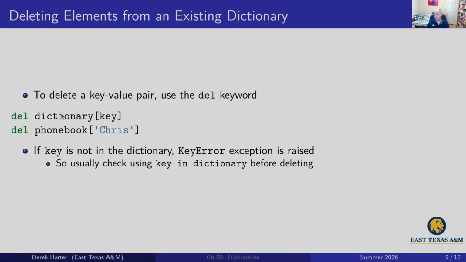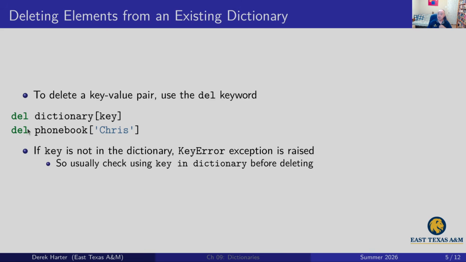I mentioned you can delete. Dictionaries are mutable, so you can remove key value pairs. The del operator in Python is basically used to do that whenever you're working with a container type. For dictionaries, if you want to remove a particular key value pair, you use del and give it a valid key.